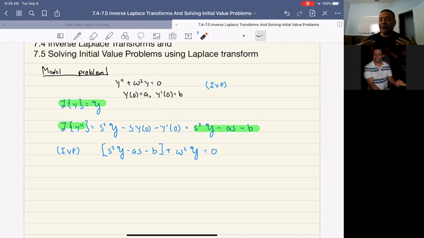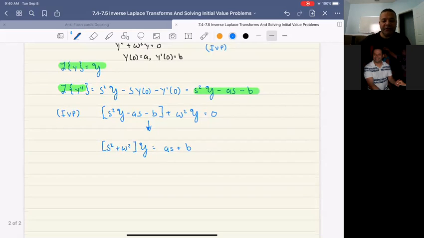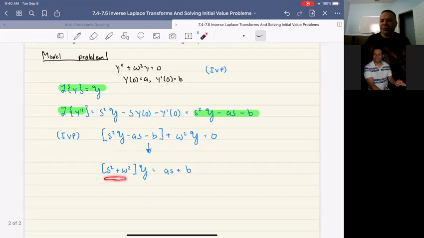Okay, so now we're going to solve for Y. So we get s squared plus omega squared times Y equals, on the other side, a s plus b. Now here one thing I want to point out is that you're going to get an algebraic equation here, and that algebraic equation should match the characteristic equation of your original differential equation.